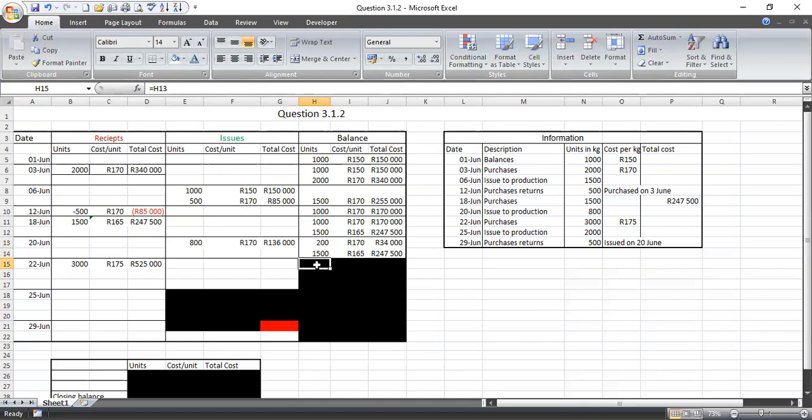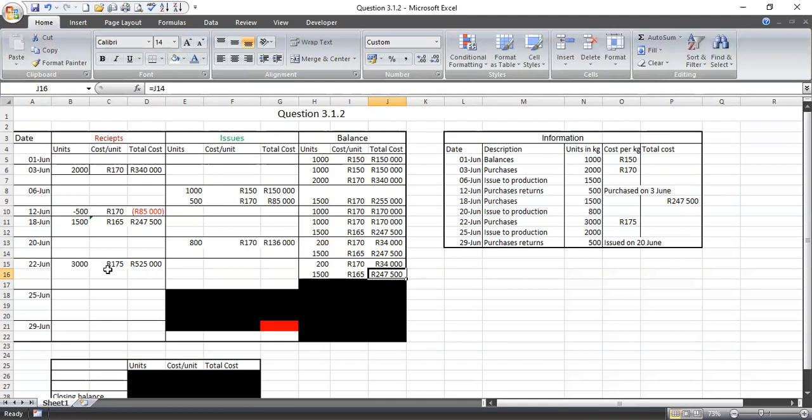From our balance, we first bring down our balances from the previous transaction: 200 units at a cost of 170 per unit and at a total cost of 34,000, and also 1,500 units at a cost of 165 rands per unit and at a total cost of 247,500.